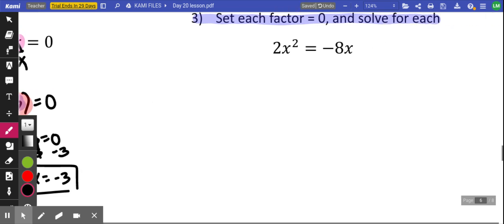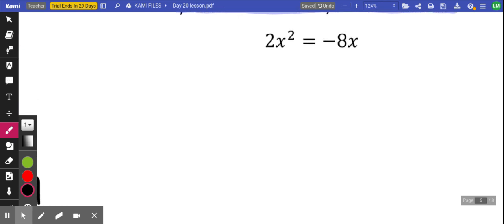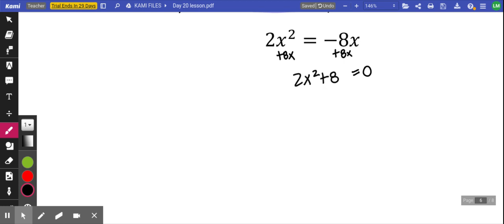All right. Number 2, let's take a look here. We have an x squared and an x. I'm going to factor this by taking out a greatest common factor, but I cannot do that until I have it equal to 0. So I'm going to move this 8x to the other side by adding 8x. So I have 2x squared plus 8x equal to 0.